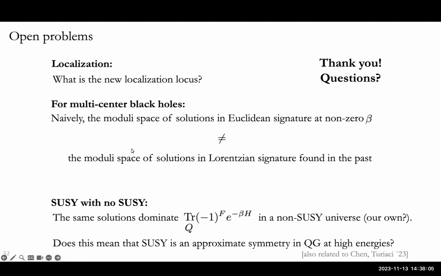Questions? Yeah, so for this second point, could you elaborate a bit on how the moduli space is different? Yeah, so for instance, the simplest case is the case of a two-center black hole. For two-center black holes, the solution that Denef found has the distance between the black holes completely fixed.